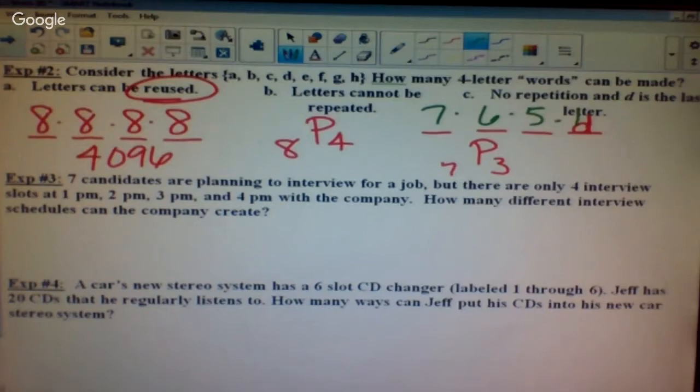Look at your time slots though. I specify exactly what time you need to be there: 1, 2, 3, and 4, which makes it a permutation. When I specify certain things, that changes it to a permutation. So, how many candidates do I have to pick from for the slots? 7. How many slots do I need to fill? 4.